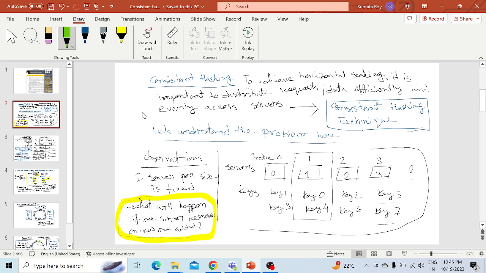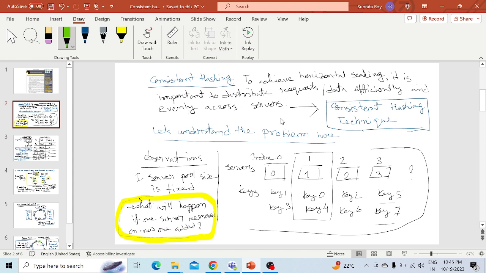It becomes very handy so that we can respond to client or server requests evenly and efficiently across all servers. That is why consistent hashing is important.